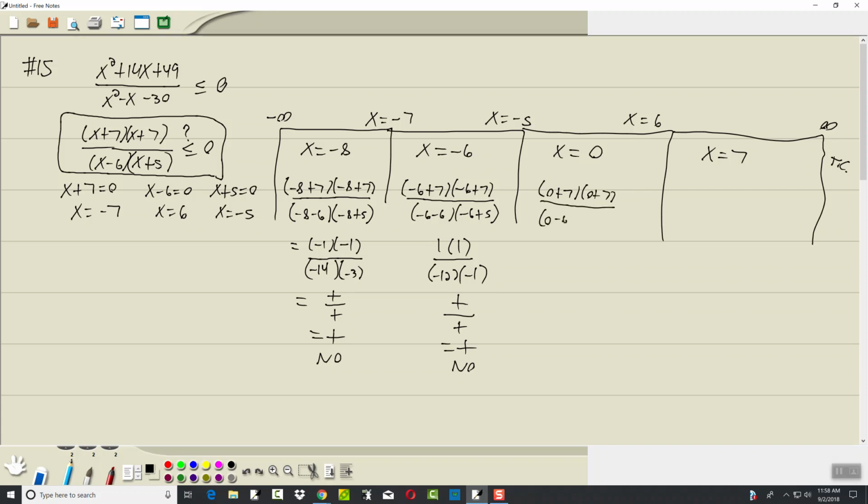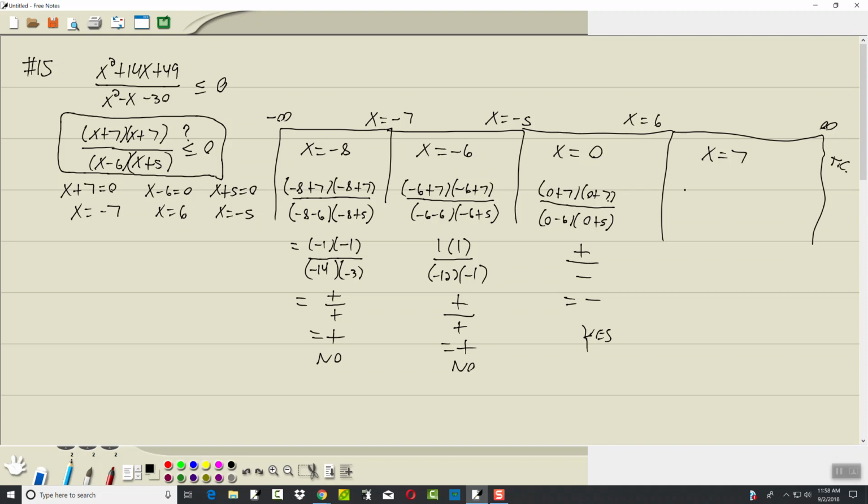And here I'll have 0 minus 6 and 0 plus 5. Now all we really care about is the sign, so keep that in mind. 0 plus 7 is 7, 0 plus 7 is 7. Positive times a positive is positive. This one's negative 6. This is positive 5. A negative times a positive is negative. So this gives us a negative, which is less than 0. So this is part of our answer.